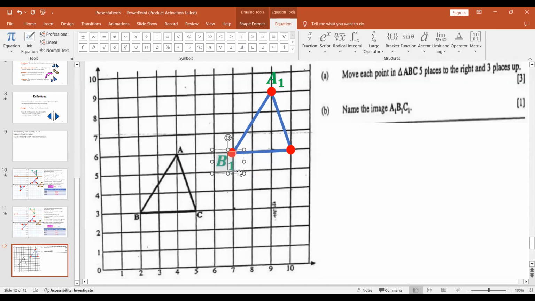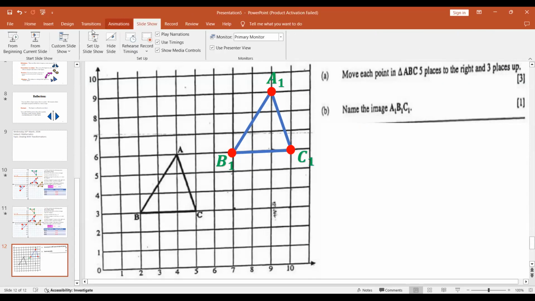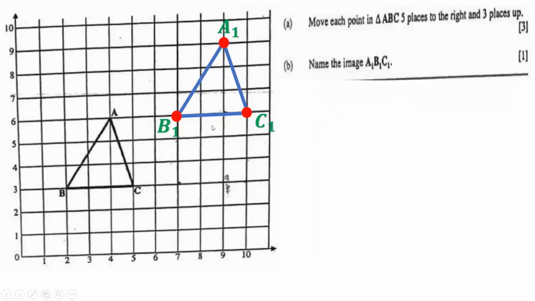And then you have C sub 1. So you have A sub 1, B sub 1, and then finally C sub 1. Okay. And so that's how we are going to basically move it. All right. So again, with this one, we call this a translation because if you look carefully, we basically just slid this over. All right.